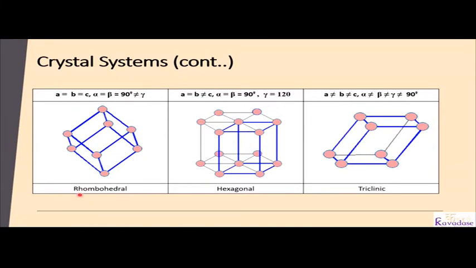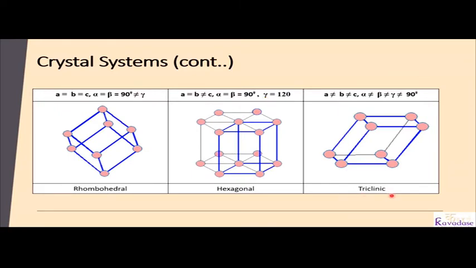The first one is rhombohedral, where A equals B equals C, but the angles are different. Alpha is equal to beta is equal to 90 and gamma is not equal to 90. In the hexagonal type of system or unit cell, A is equal to B but not equal to C, and alpha is equal to beta is equal to 90, but gamma is not equal to 90, it is equal to 120.